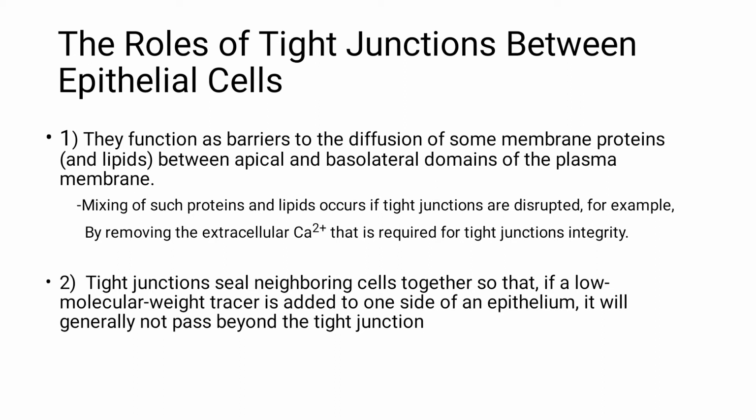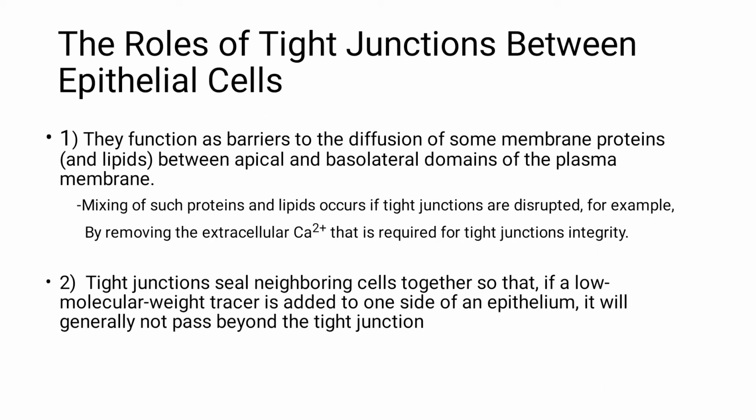Second, tight junctions seal neighboring cells together so that if a low molecular weight tracer is added to one side of an epithelium, it will generally not pass beyond the tight junctions. Although all tight junctions are impermeable to macromolecules, their permeability to small molecules varies greatly in different epithelia.